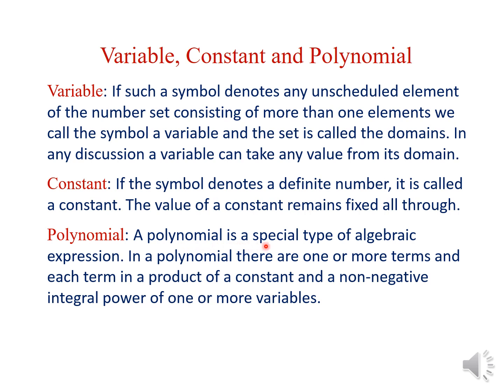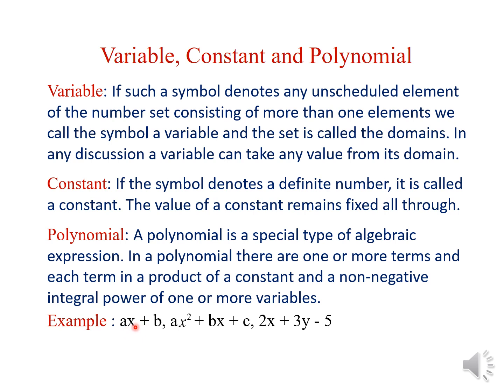A polynomial is a special type of algebraic expression. In a polynomial, there are one or more terms, and each term is a product of a constant and a non-negative integral power of one or more variables. It will be clear after showing these examples. You can see that there are three examples. First one is ax plus b.